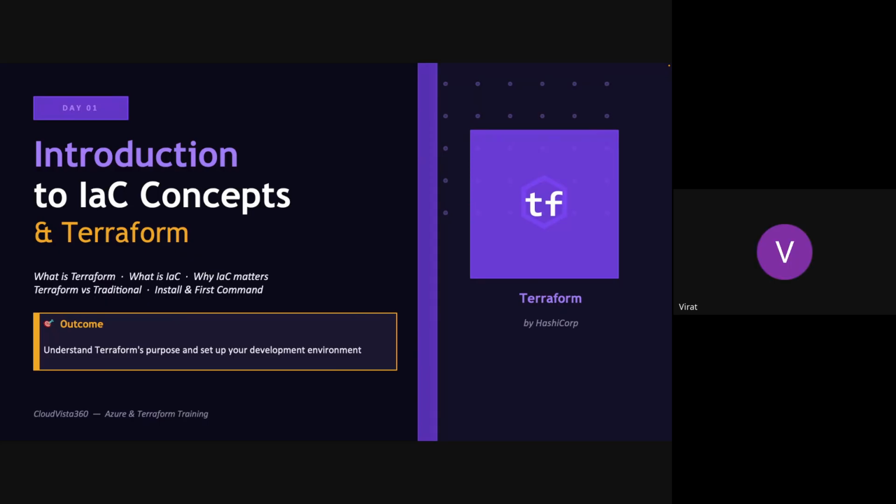See, once you write the Terraform code, it will not be a 4 or 5 line code. Terraform code will become complex as your infrastructure grows. Suppose you have a 1000 VM kind of infrastructure, then the code will be very complex.